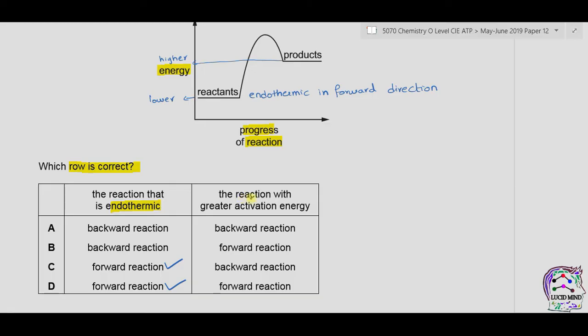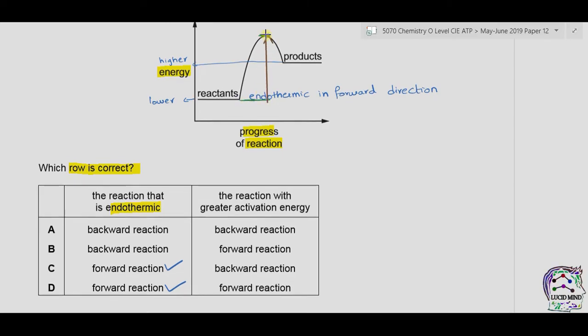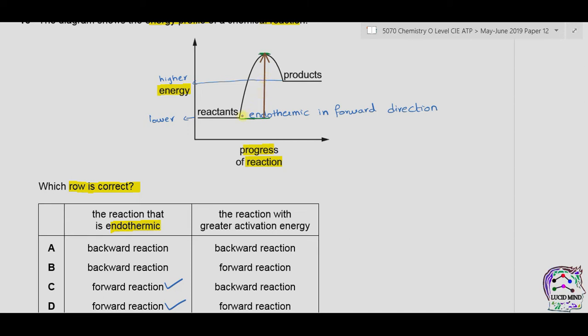Now the second point is the reaction with the greater activation energy. Activation energy is the energy that is required by the reactants to convert into the transition state. This is the energy of reactants. So this much amount of energy will be required by the reactant to convert into the transition state.